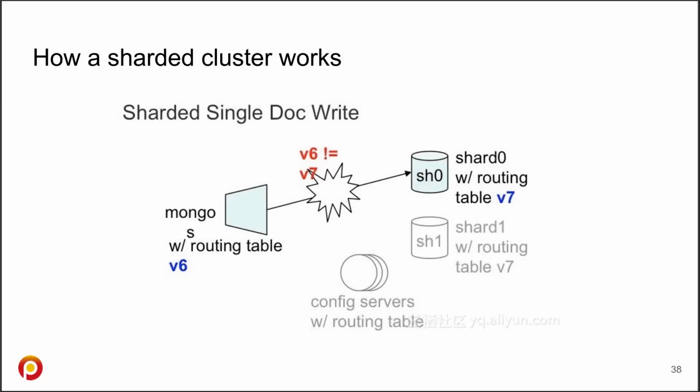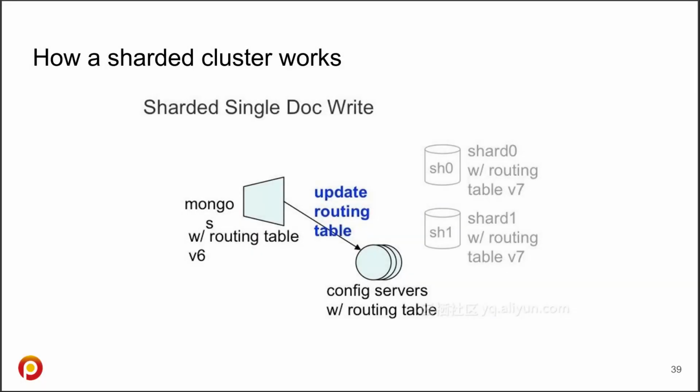What happens? It looks like, okay, I'm one version below the shard, so I'm outdated. I need new metadata to proceed. So I will go to the config servers and request this information to update my routing table.